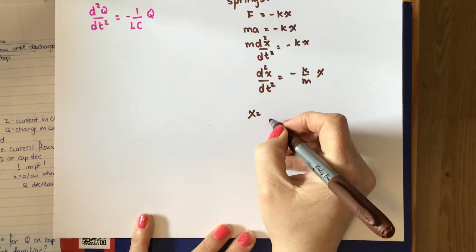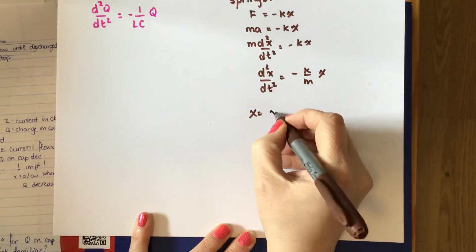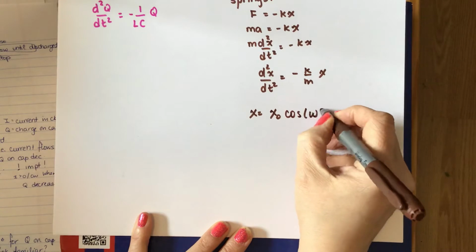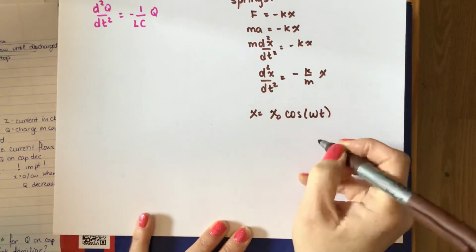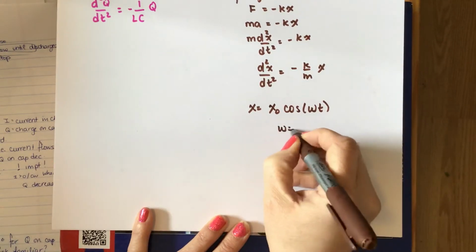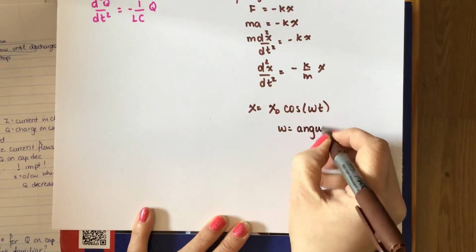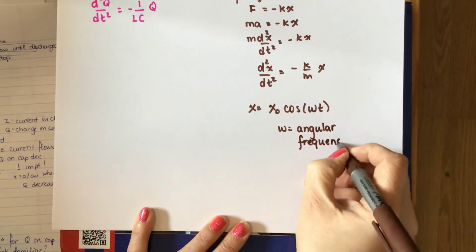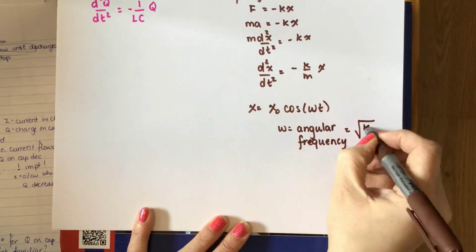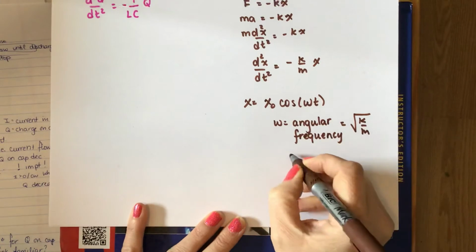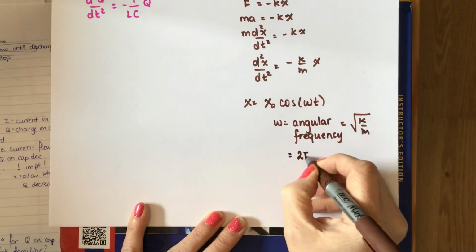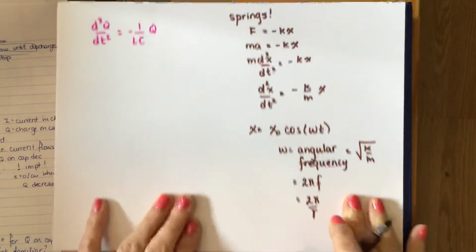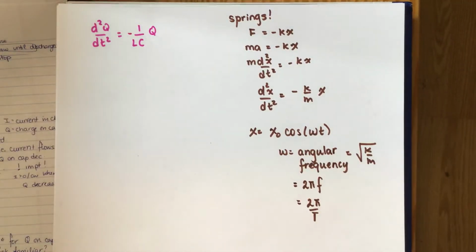Position of a simple harmonic oscillator as a function of time was some maximum position times cosine of omega times t, where omega is the angular frequency, was the square root of k over m. And then we know lots of things about angular frequency, such as it's 2 pi times the frequency, or 2 pi over the period.